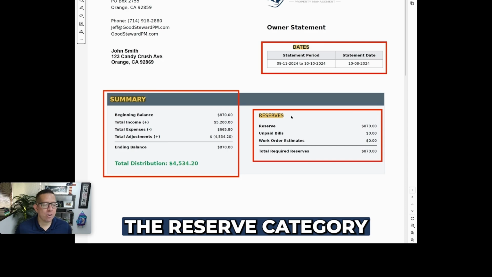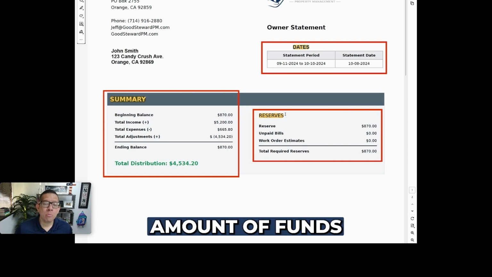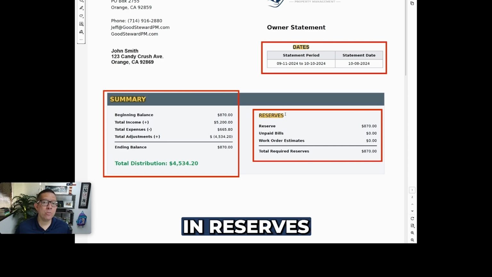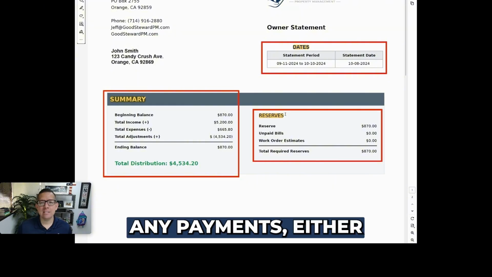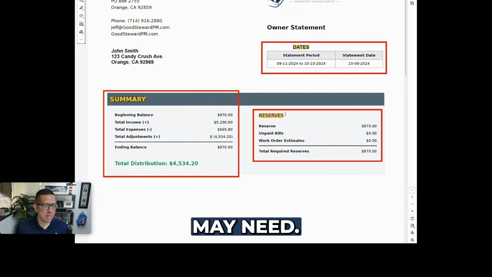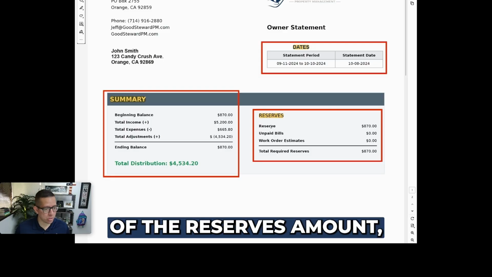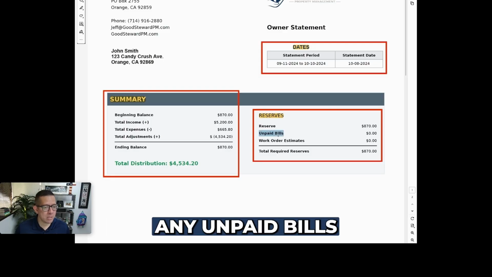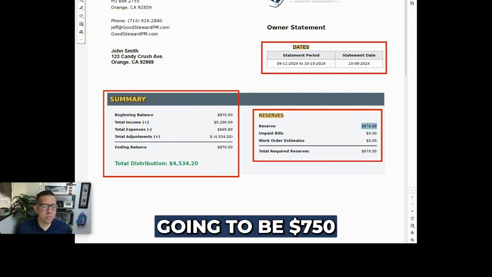The reserve category is the total amount of funds being held back in reserves to process any payments, either current or future payments, that the property may need. This is composed of the reserve amount, any unpaid bills, and any work order estimates. For the reserve, this amount is going to be $750.